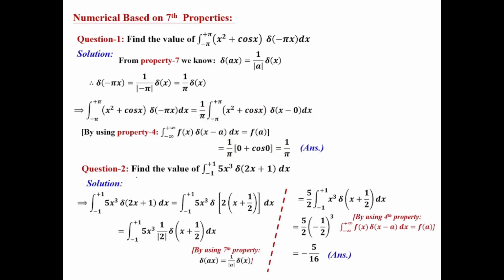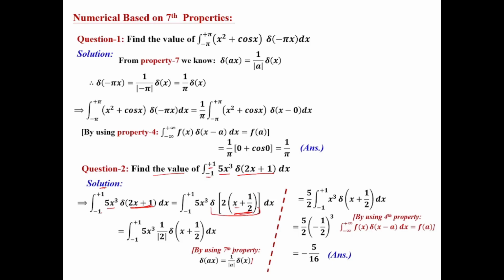Now we are going to the second question: find the value of the integral from minus 1 to plus 1 of 5x cube times delta of 2x plus 1. Here the solution starts. 2x plus 1 can be written by taking 2 common from these two terms as 2 times x plus 1 by 2.